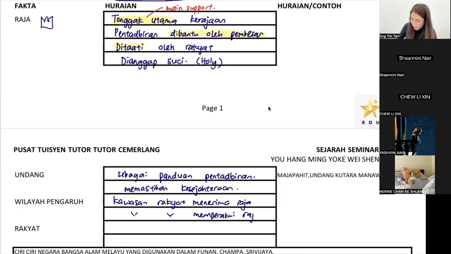Memperakui raja. You separate them, or you want to put a dan, like you say menerima raja and memperakui raja also can. I separated it so that you know there's 2 points up. But if you want to combine them together, also can.